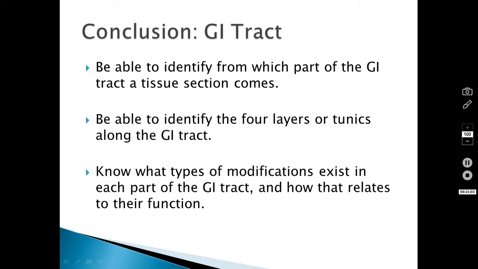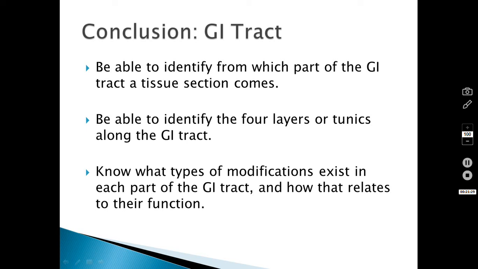So whether it's the extra layer of muscle in the muscularis externa of the stomach, or the stratified squamous epithelium in the mucosa of the esophagus, whatever little modification gets made to the parts of the GI tract usually are a function of whatever they happen to be doing.